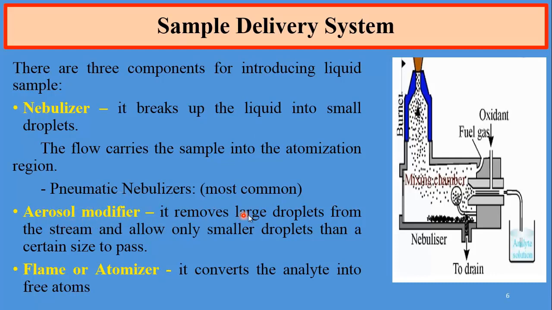Aerosol modifier: it removes large droplets from the stream and allows only droplets smaller than a certain size to pass. It converts the analyte into free atoms, and then the sample goes here, where it is converted into free form from the solvent.